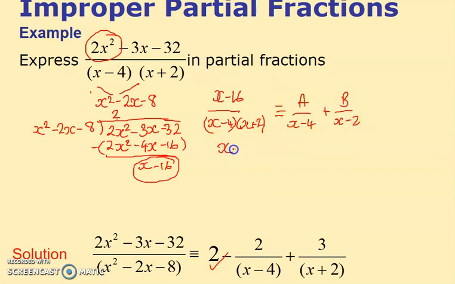I'll multiply it out, and I can't bother writing the bottoms. I'm just going to write on the diagonal, so it'll be a lots of x minus 2 plus b lots of x minus 4. And I then say x can be equal to the first one that it says up there, which is 4. So 4 minus 16 is minus 12. And if I put 4 into this, I get 2a.